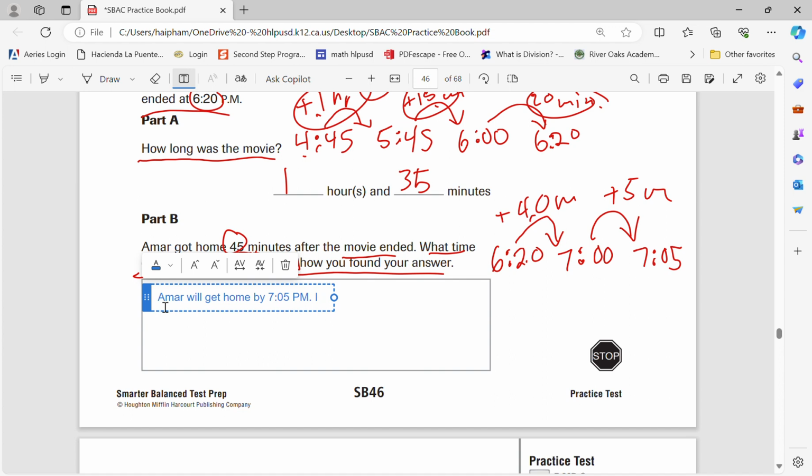I needed to find the time, the passing time of 45 minutes after 6:20 p.m. So I added 40 minutes to get to 7.